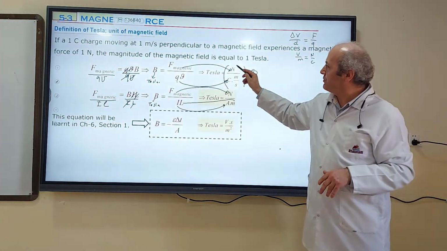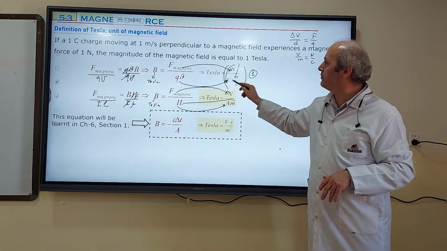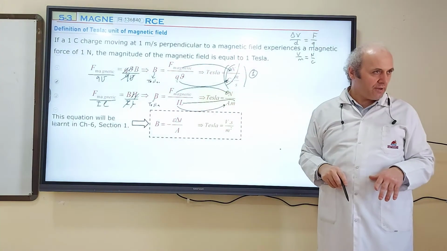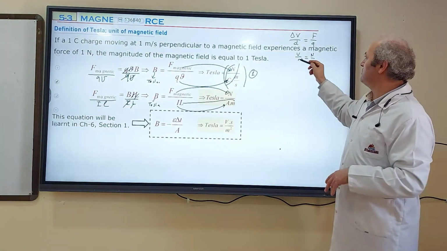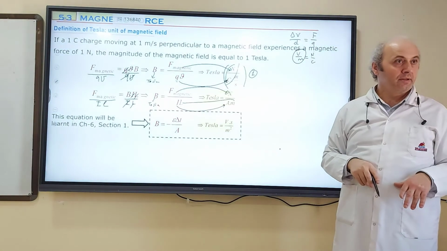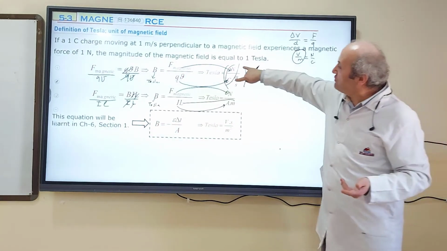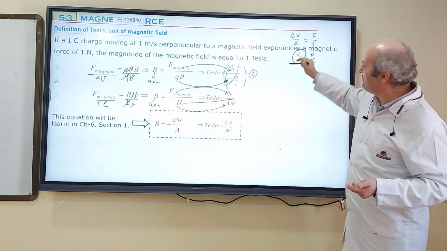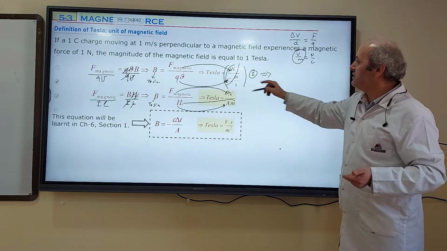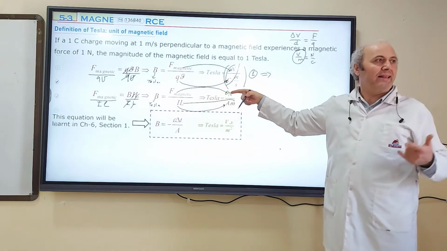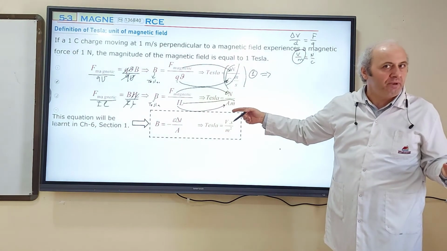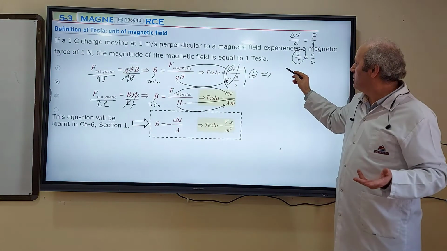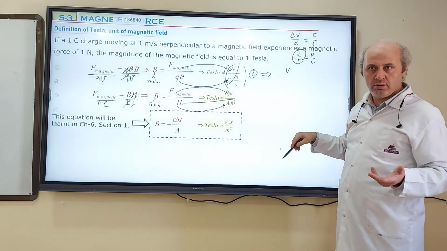Now, looking in here, what is this? Newton per Coulomb. So Newton per Coulomb is equal to volt per meter. Instead of Newton per Coulomb, I can insert volt per meter. Let's do it. Newton changes to volt.